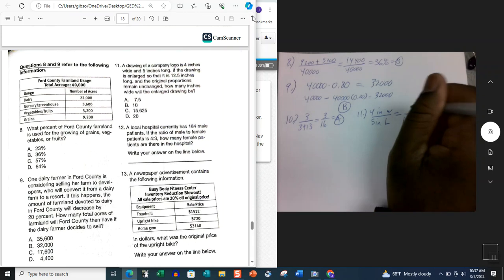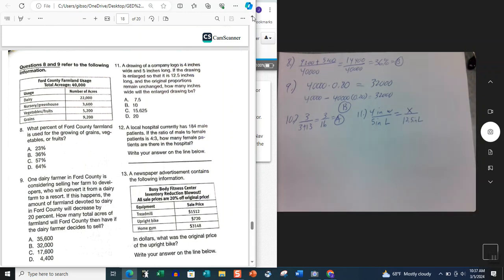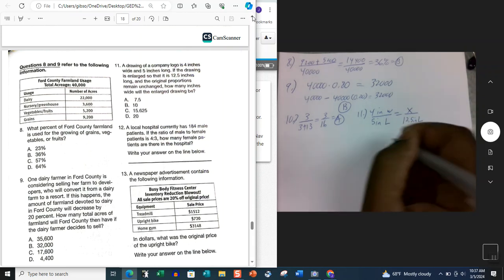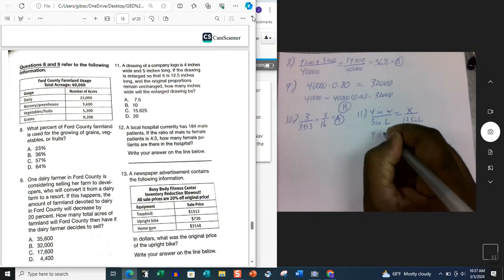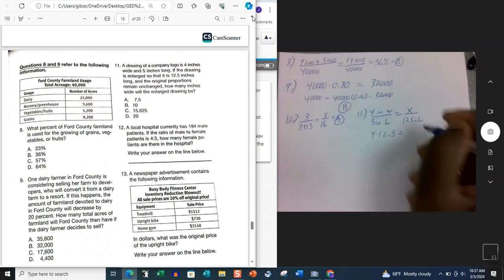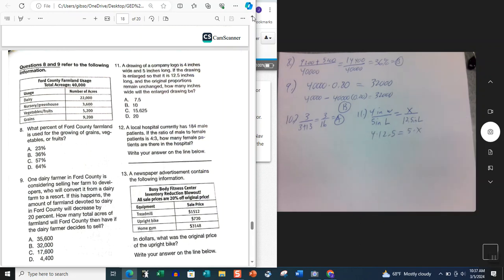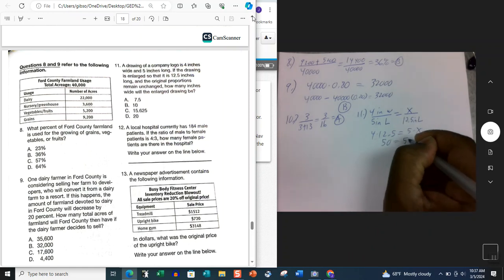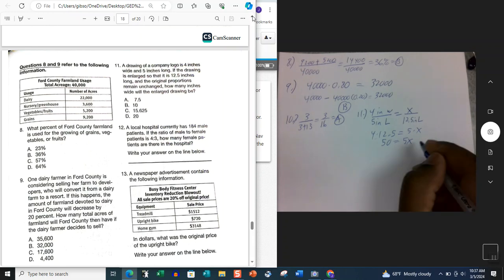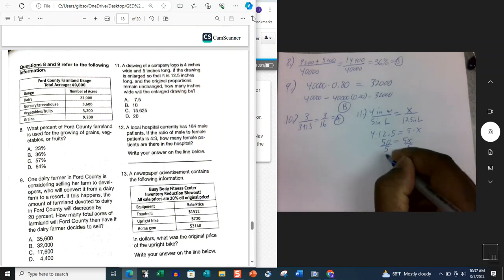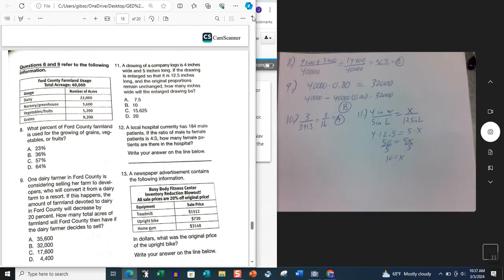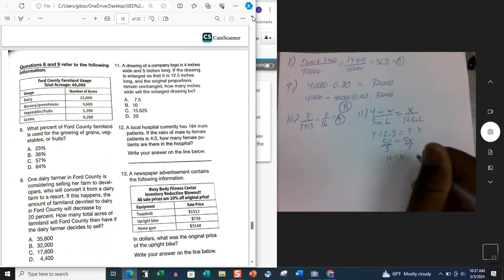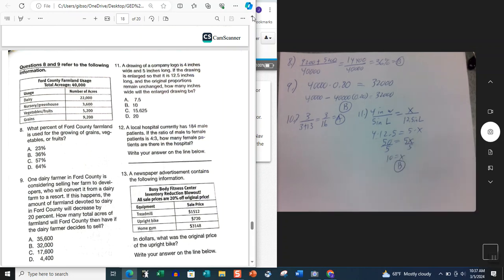So now we're trying to find the width. So now we do our cross multiplication. You have 4 times 12.5 is equal to 5 times x. 4 times 12.5 is 50, which is equal to 5x. Divide each side by 5, and 10 is equal to x. So 10 is B. So your answer here would be B.